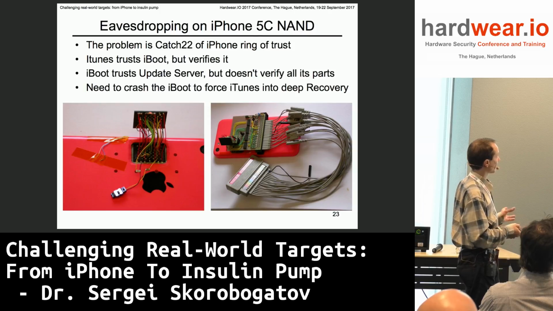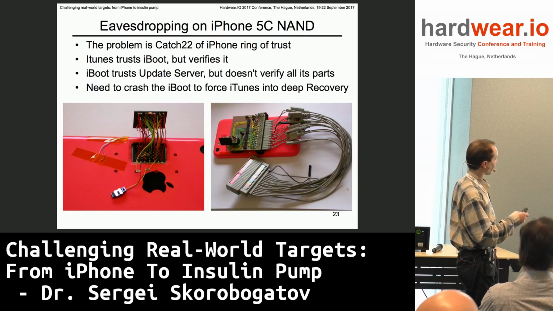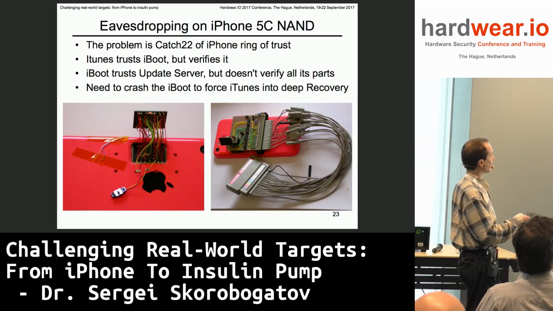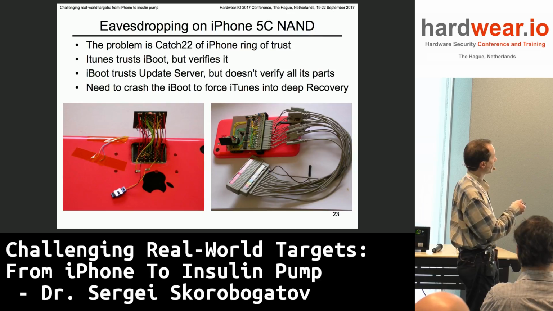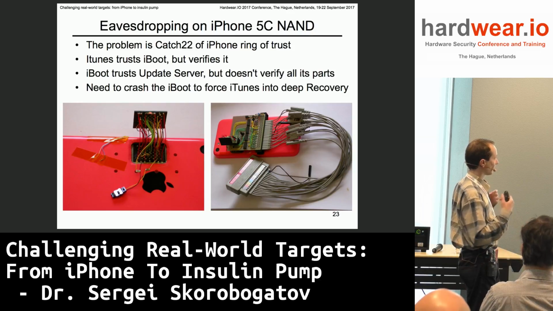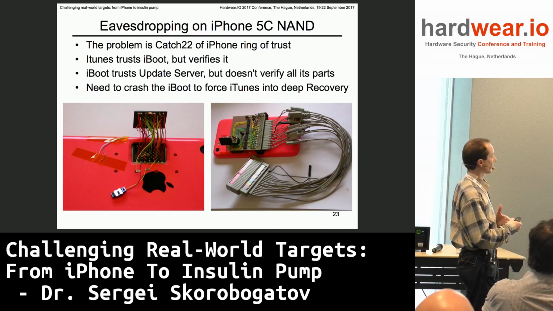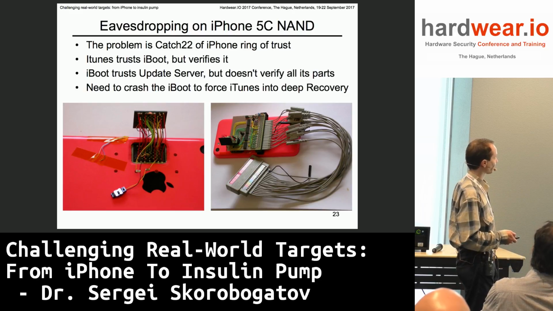So it's some kind of a catch-22 problem, because iTunes trusts iBoot, and it also verifies it. But when iBoot works, it trusts the update server, and if you somehow corrupted just some files in the update server, then it just runs it, and because of the corruption, the phone crashes.